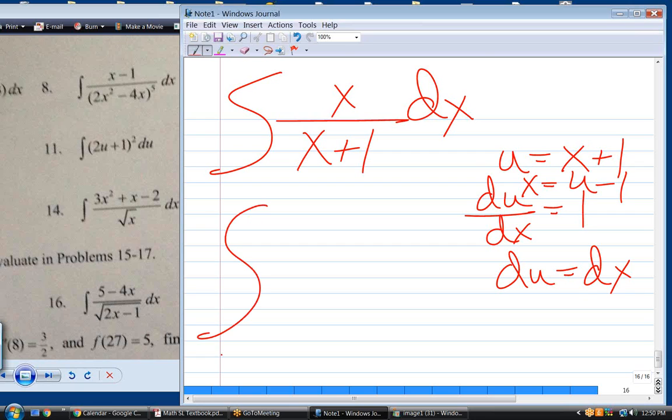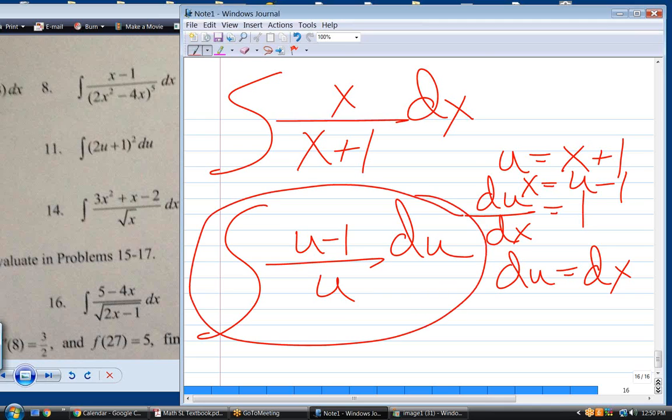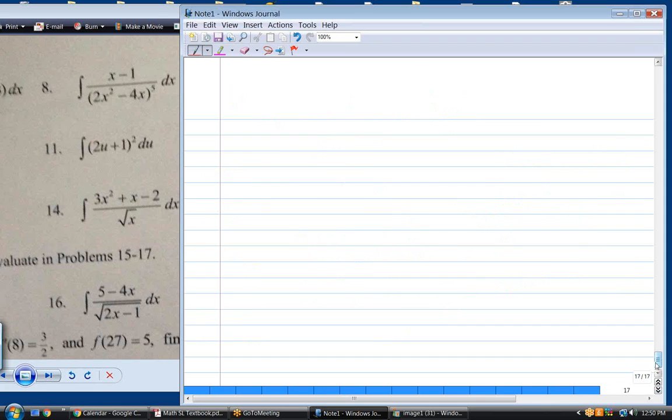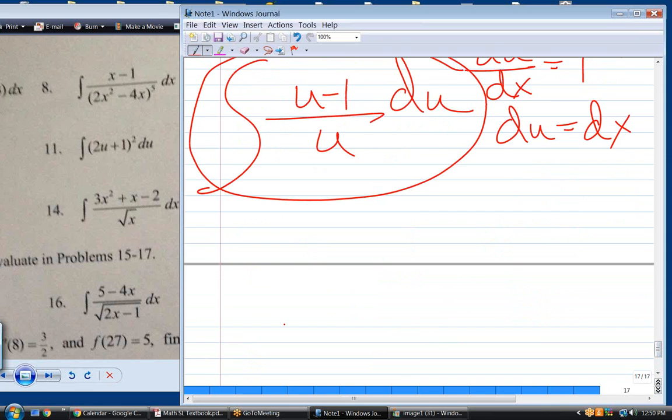Now when I go to substitute, x is u minus 1, x plus 1 is u, dx is du. Now that I can split into 2 fractions, because I only have a single term in the denominator. So this is equal to the integral of u over u minus the integral of 1 over u.